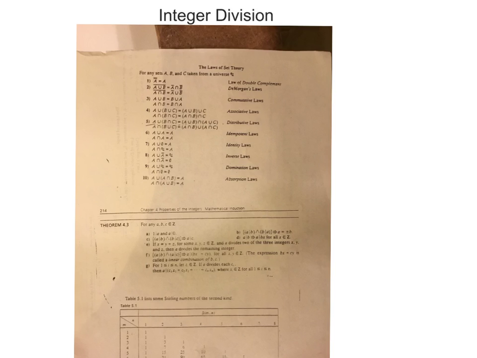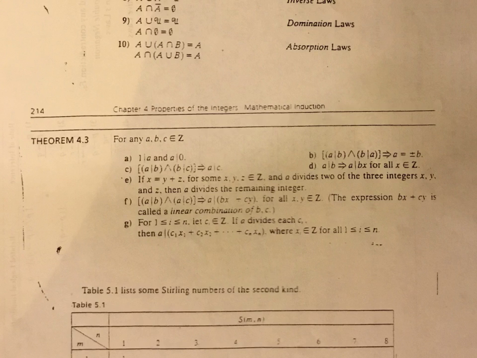We have a theorem that we will be using quite a lot. It's theorem 4.3. It's on your handout here. We can take a quick look at some of these parts of this theorem, and it should be familiar because it's about division, which we are used to. The first part of the theorem says that 1 divides any integer a, and also all integers divide 0.